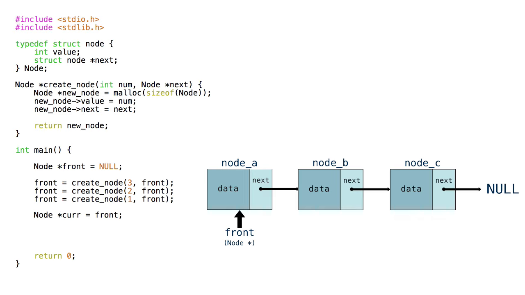We want to print the value at every node, so we'll start at the front, and we'll update cur to point to the next node at every iteration of the loop. We want to stop when cur is no longer pointing at a node. This will happen when we set cur's value to the next pointer of the last node in the list. We just want to print the value, so we'll add a print statement as the body of our loop.